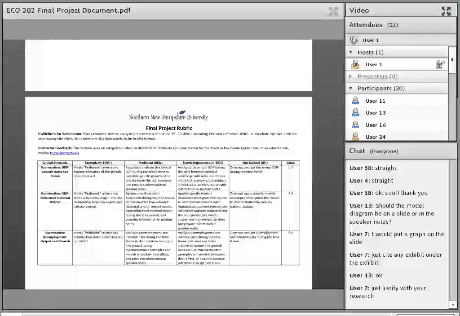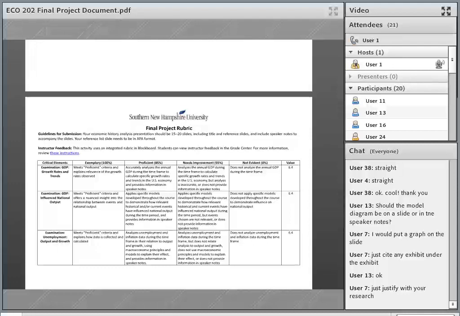So this rubric, hopefully you're all familiar with it by now. Not necessarily this rubric, but how it's set up in general. So you've got all of the elements on which you're graded on your left-hand side. And then we have these different performance levels and the descriptors for each one.